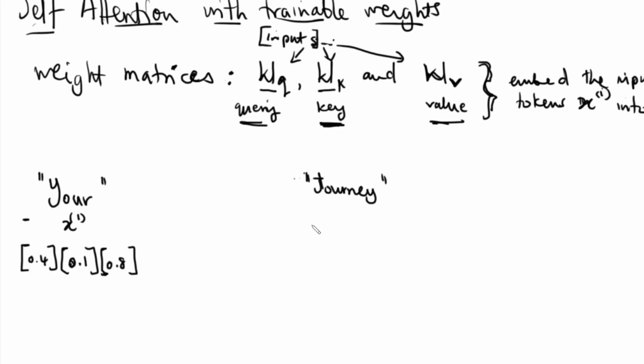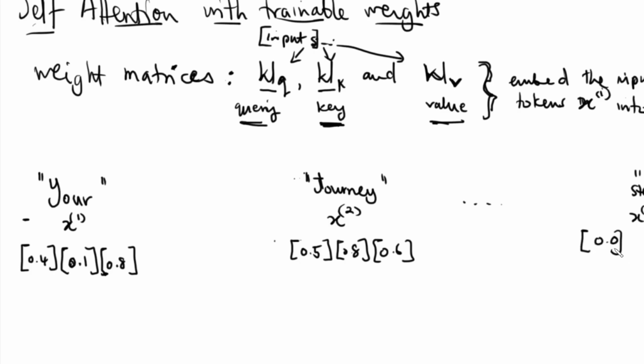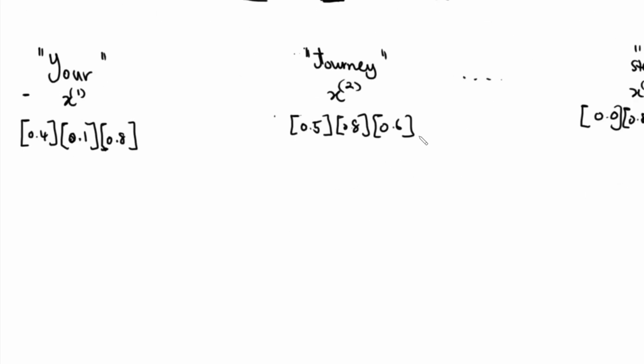It's not a capital letter J, it's a small letter j, because in large language models, capital letter J and small letter j have different meanings. So this one is 0.5, 0.8, and 0.6. And then it goes on like that all the way up to the last one, which is "step", our xn. And our xn is just 0.0, 0.8, and 0.5. That's what it looks like.